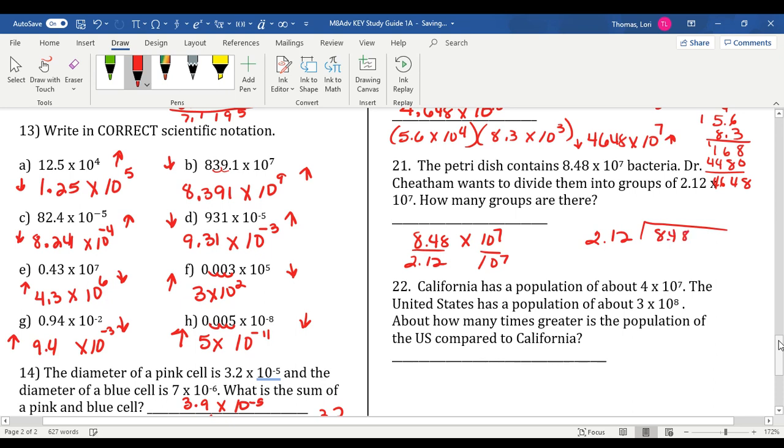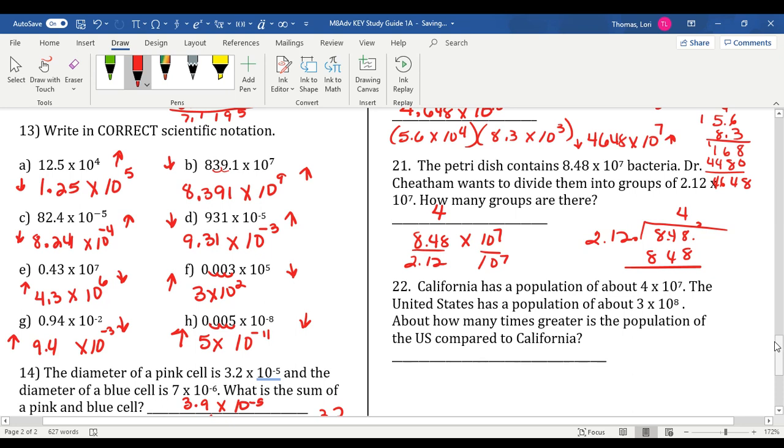And then we have 8.48. We have to move the decimal twice. So we move it twice here. So it looks like it's what? 4. So 4 times 2 is 8. 4 times 1 is 4. So it's going to be 4, and then it's times 10 to the 7th, which is just 1.